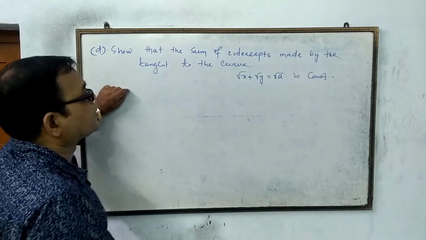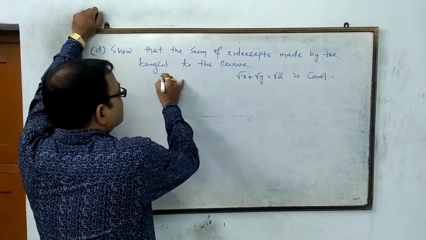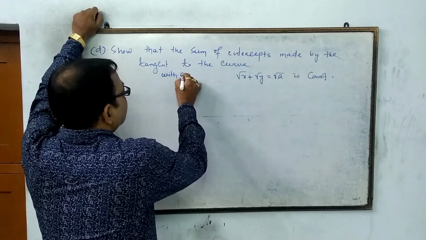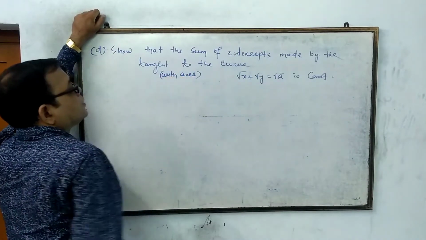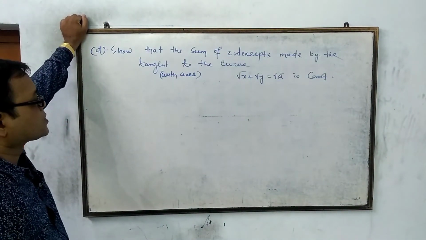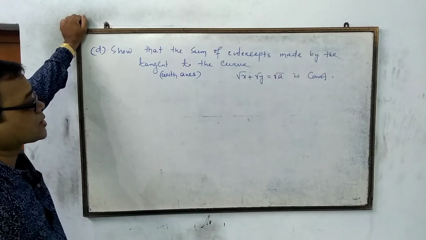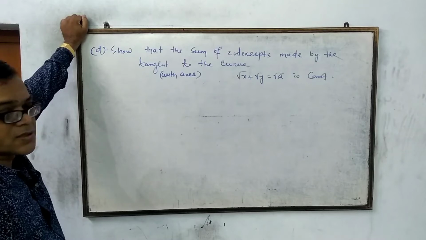So that the sum of the intercepts made by the tangent to the curve with different axes is constant. But the question is, so that the sum of the intercepts made by the tangent to the curve root x plus root y is equal to root a is constant.